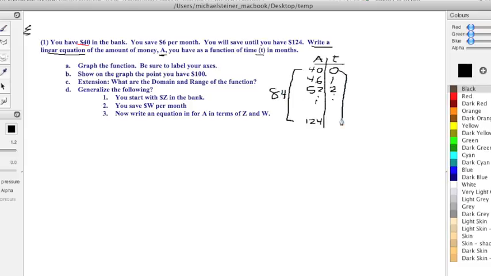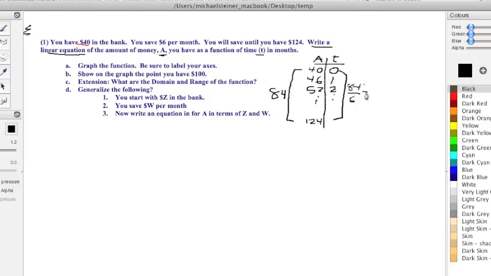How much would time have gone up by? Well, you can back this out, or you could work out every single point. If the amount has gone up by $84, our time should have gone up by 84 divided by 6, because every month it goes up by $6.